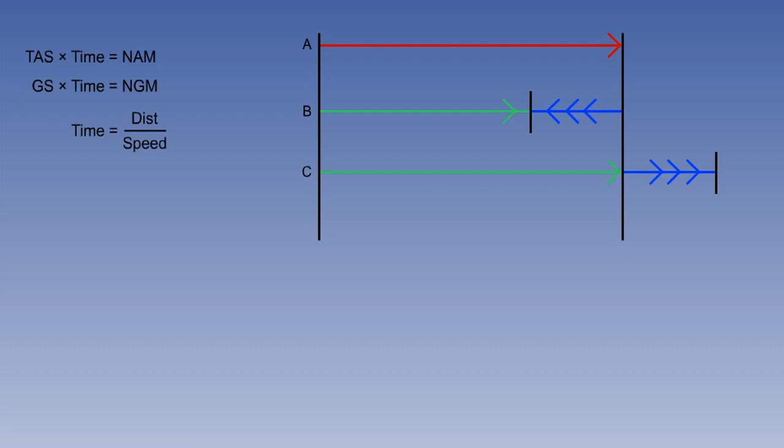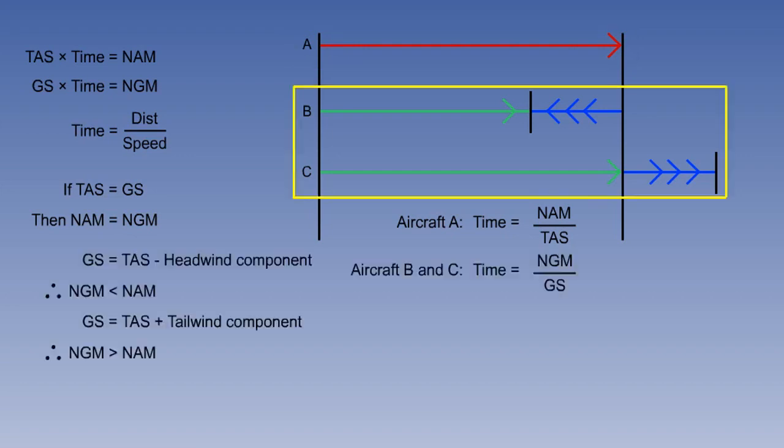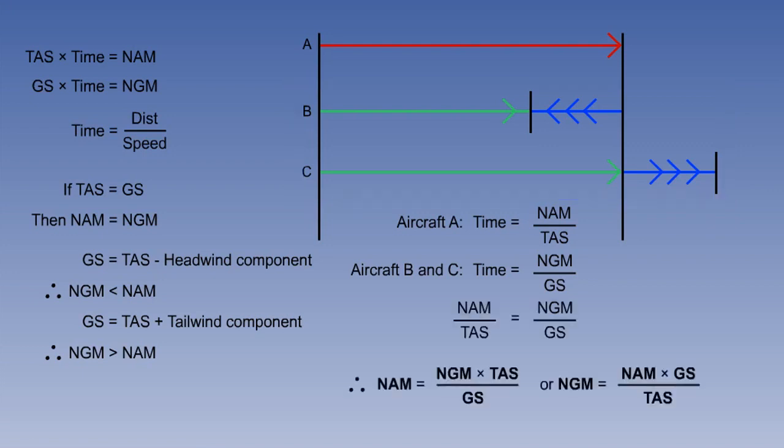If time equals distance divided by speed, then for aircraft A, time equals distance in nautical air miles divided by true airspeed, and for aircraft B and C, time equals distance in nautical ground miles divided by ground speed. Since time was the same for all 3 aircraft, we can now establish a mathematical formula which should be memorized.